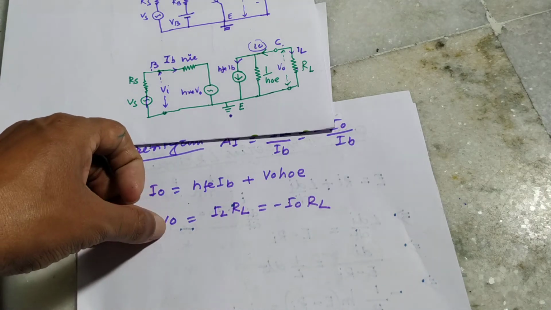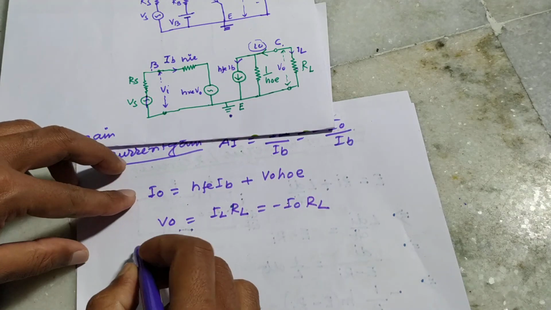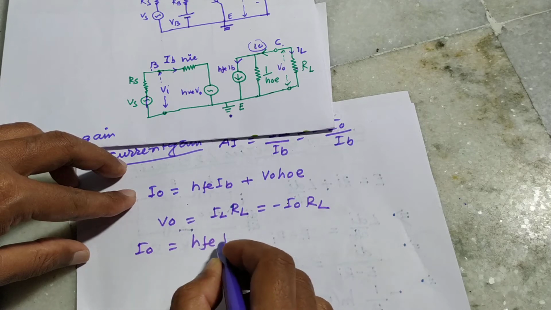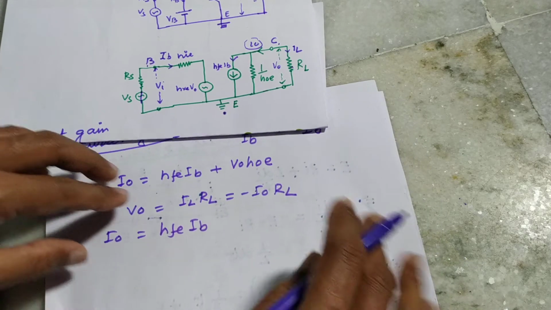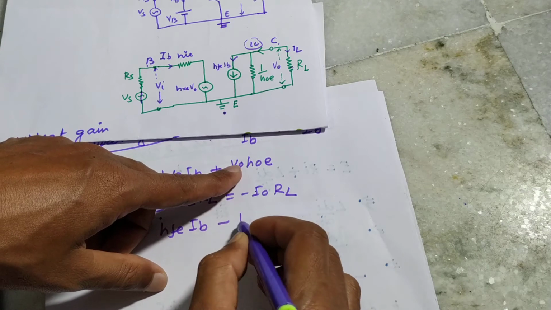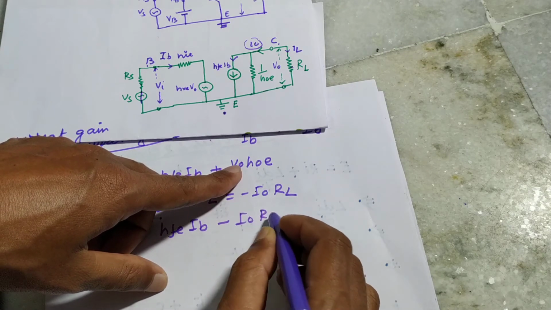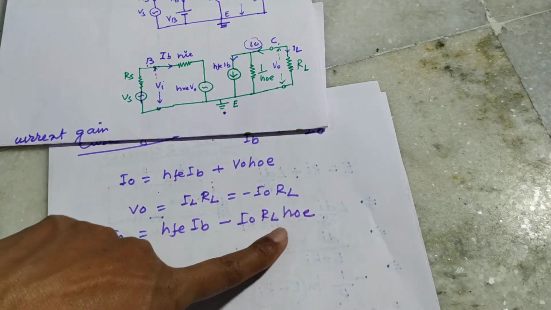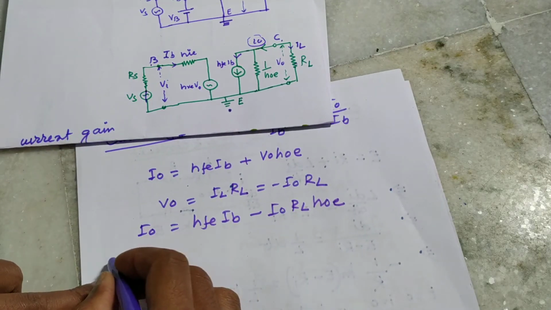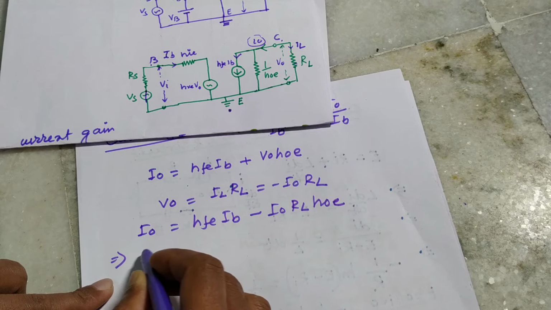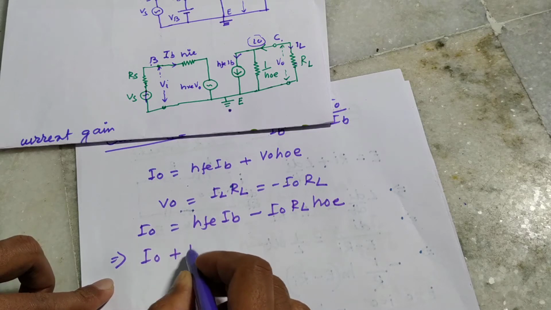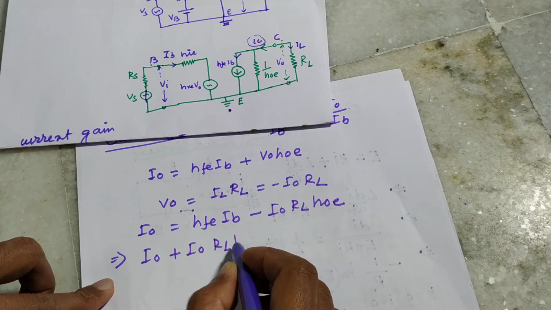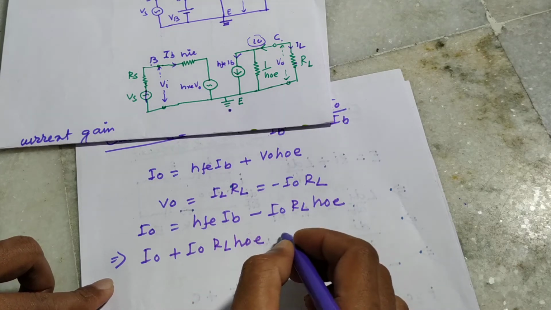Now substitute the value of V0 in that equation, then we get I0 equal to hfe IB, substituting minus I0 RL hoe. So I0 plus I0 RL hoe is equal to hfe IB.